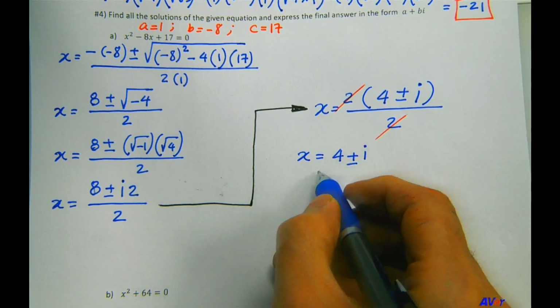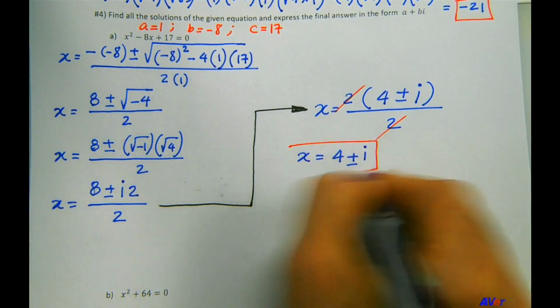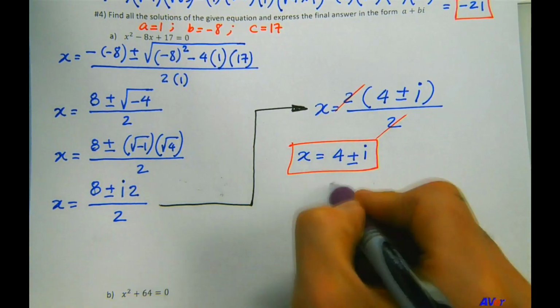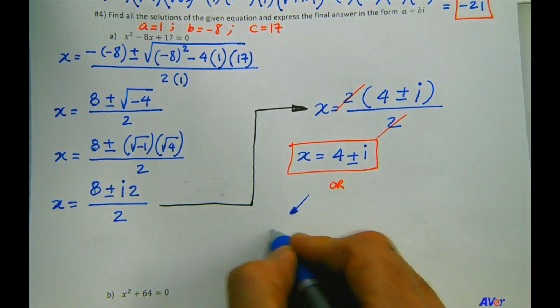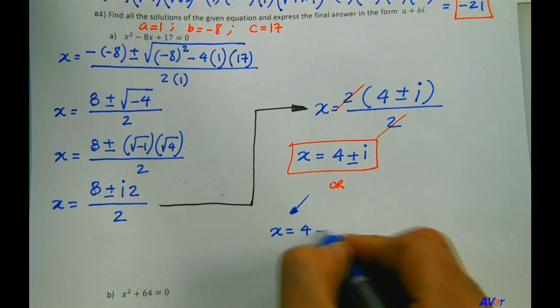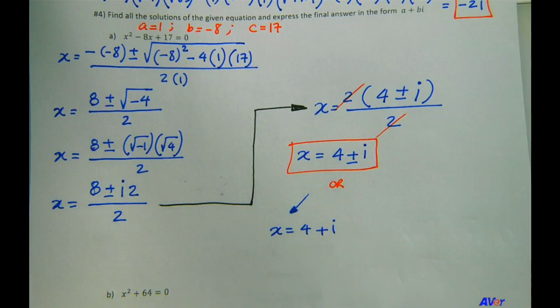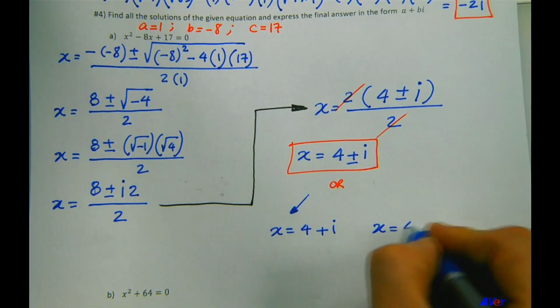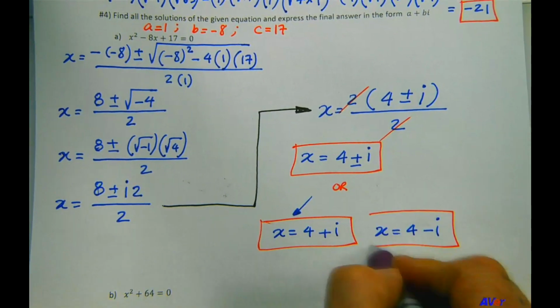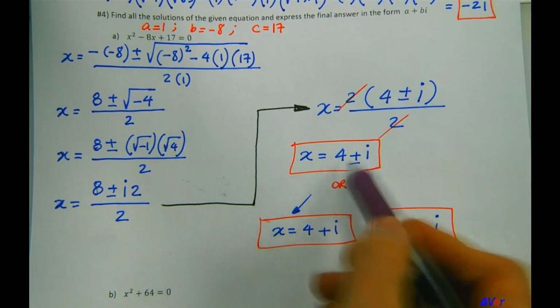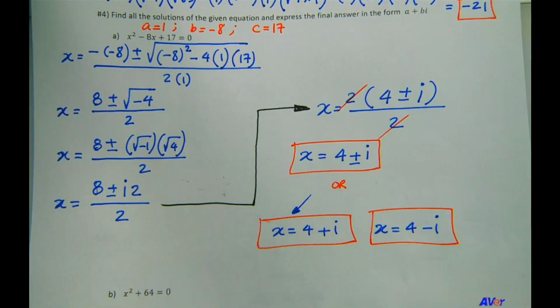So you can leave the answer either like that, or you can say that the answers are x equals 4 plus i and x equals 4 minus i, like that. On an exam, this would be okay if you left it like that, but it depends on how the online homework management system accepts your response.